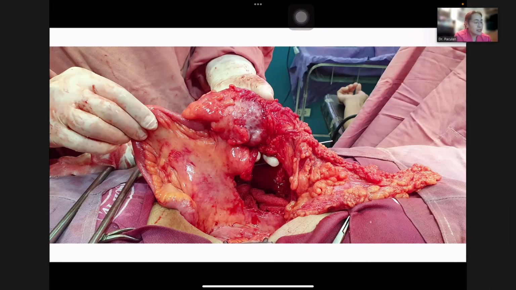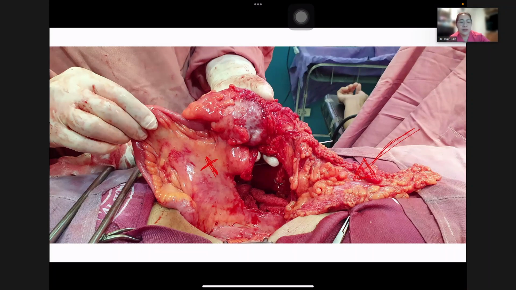So this one, the one marked by an X, that is your mesentery. Okay? If this is the mesentery, this is your omentum.